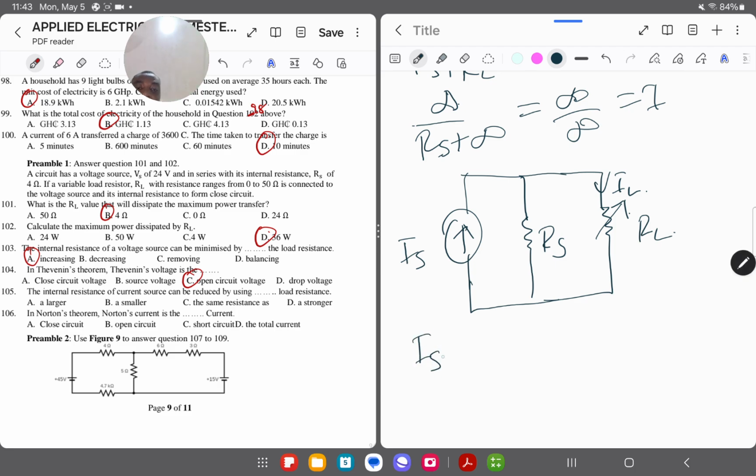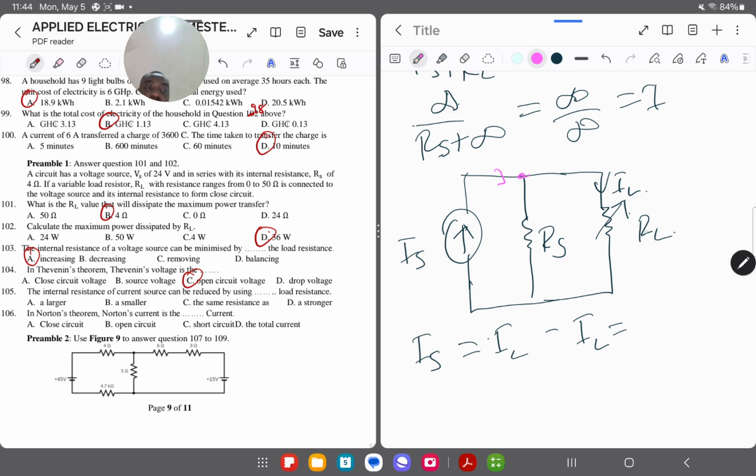So I write here, the objective is to get IS equals to IL. Now to get this, let's get the formula for IL in terms of IS and then the resistors that we have. So IL here is going to be equals to, again, you can see we have a node here, and then RS and RL, they are in parallel.